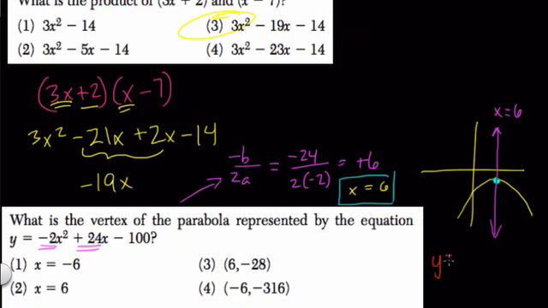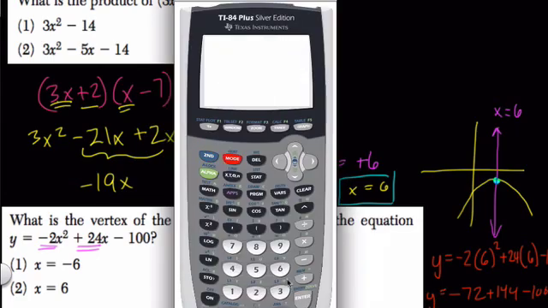So y equals negative 2 times 6 squared plus 24 times 6 minus 100. So 6 squared is 36 times negative 2 is negative 72. 24 times 6, that's 144. So plus 144 minus 100. So this is what y equals. So we can solve this quickly on our graphing calculator, right?